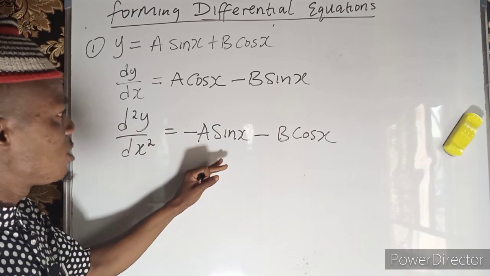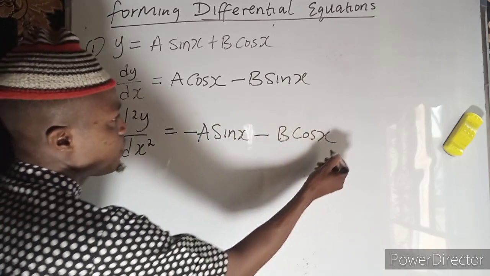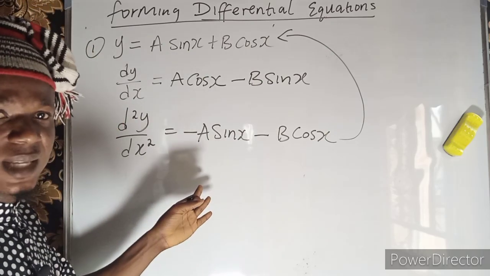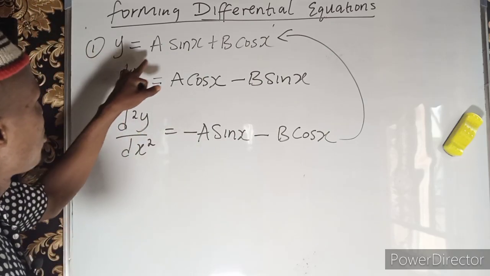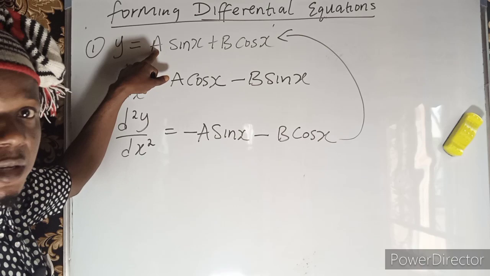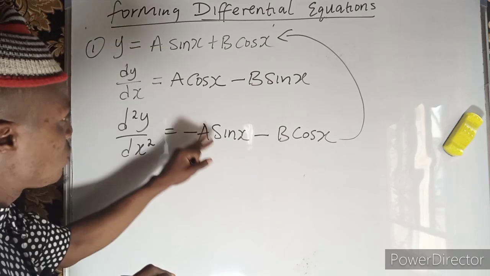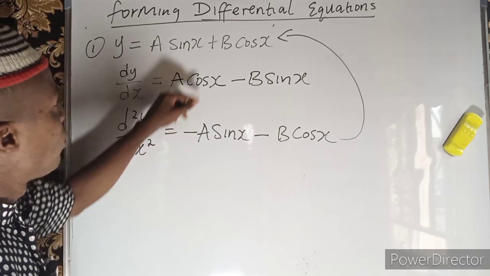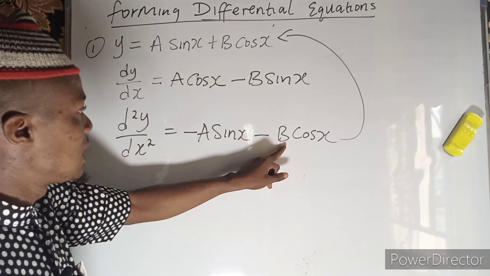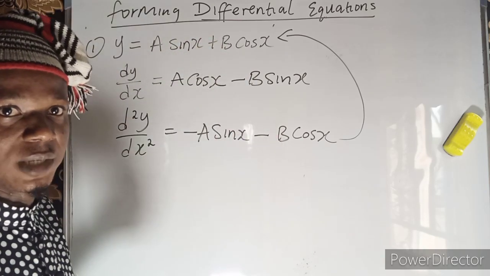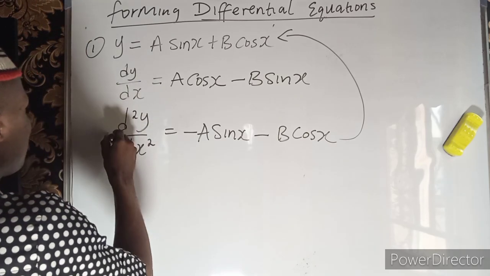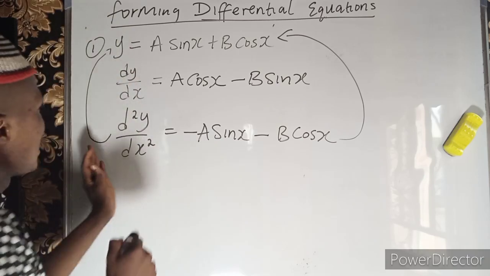But when we took the second derivative, we see that this particular derivative and the original equation are almost the same thing. The difference is that when I multiply this particular equation by -1, it will give me this. Because when I times this by -1, I will get this. When I times this by -1, I will get this. That is just what it will give us. And so you see that this particular function and this function are the same thing.